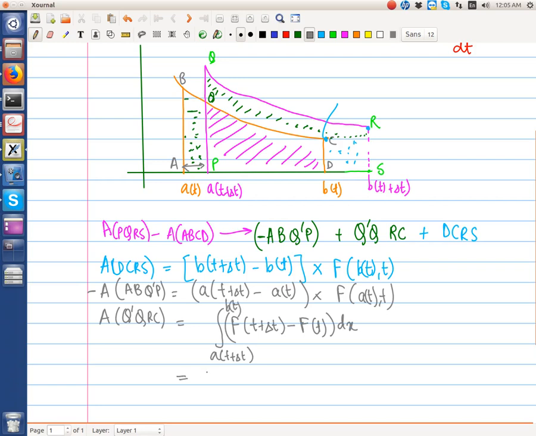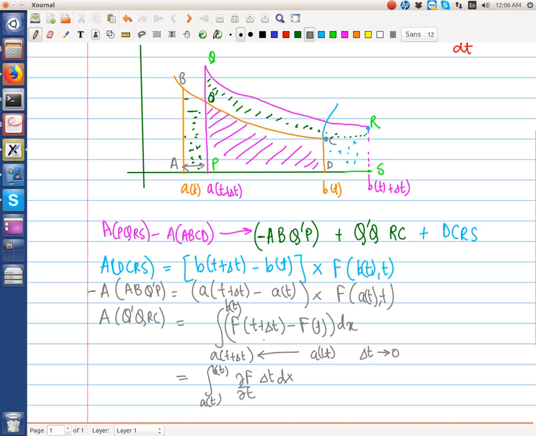This is equal to the integral from a at t to b at t of del f del t delta t dx, where we have replaced the limit a at t plus delta t by a at t, because we eventually take the limit delta t tends to 0.